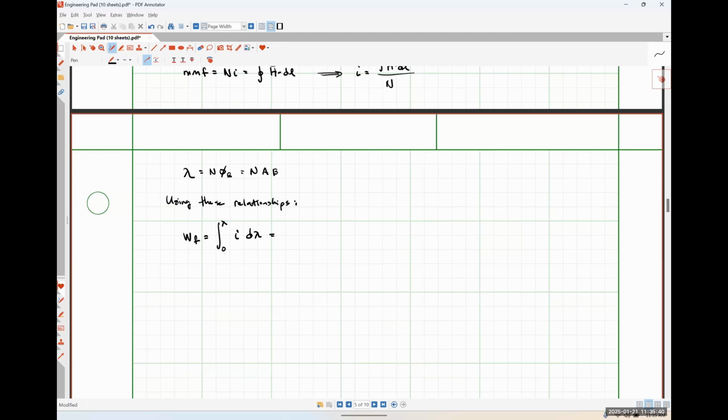And so I'm going to integrate the integral of H dot DL over N times NA dB.